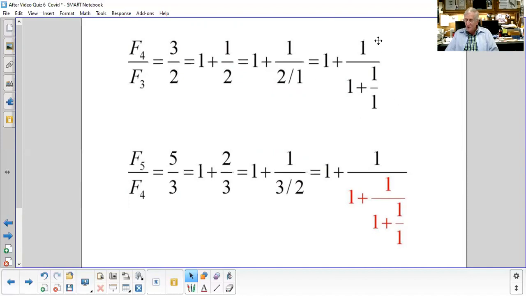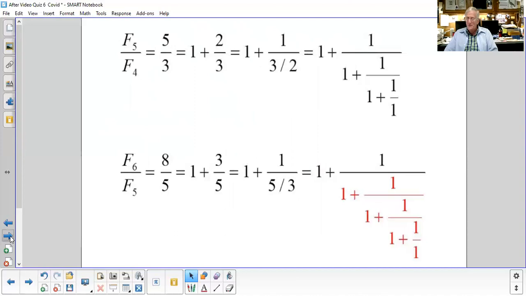If we take this whole piece and put it down below here, which is in red, which shows 3 halves written that way. So again, notice we have everything written as all ones, and that's what Ed was talking about in his video.